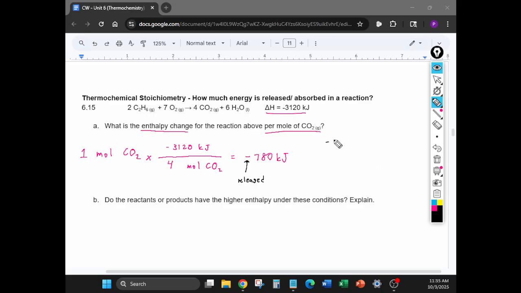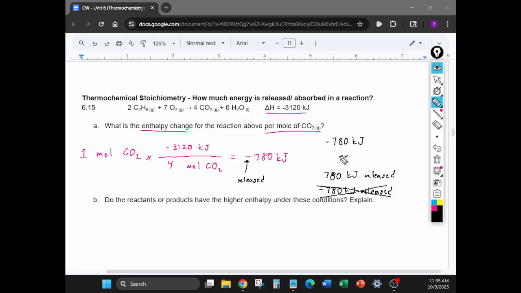You want to write either just negative 780 kilojoules, or you're going to write 780 kilojoules released. Do not ever write negative 780 kilojoules released, because it's going to cancel each other out. You're basically saying 780 absorbed then, which would be incorrect. So don't put this one.